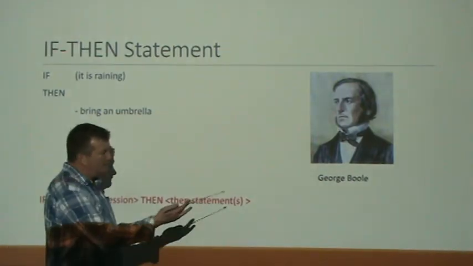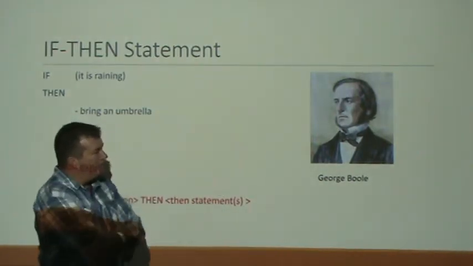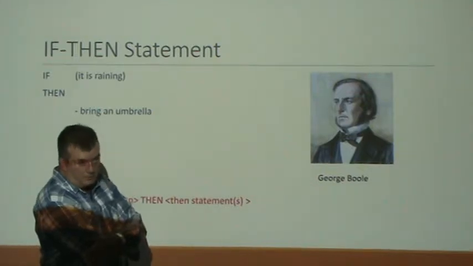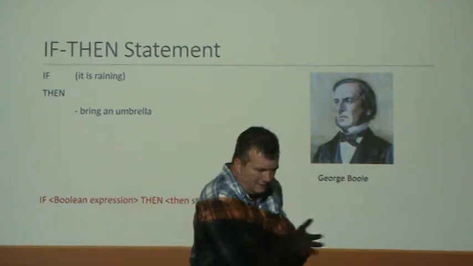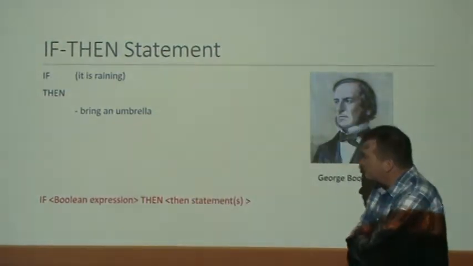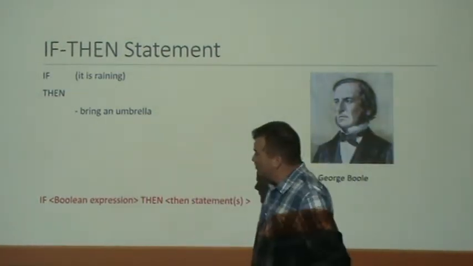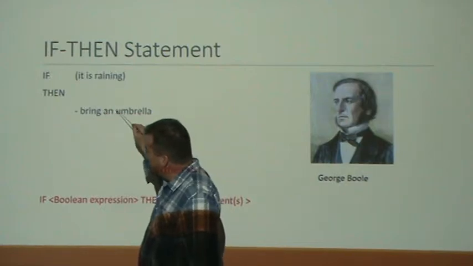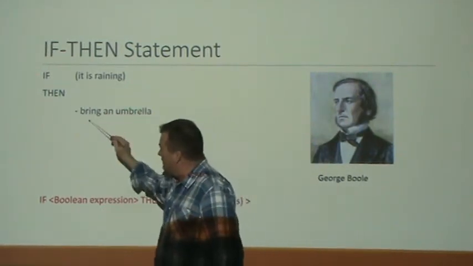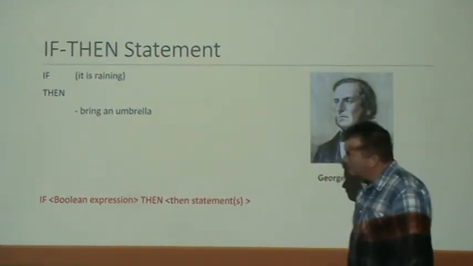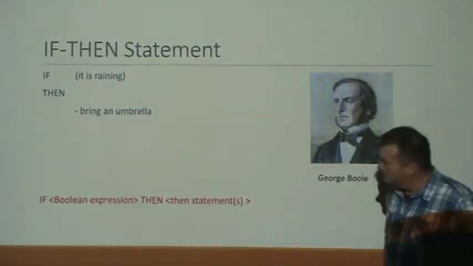And then one day he was out walking in the rain and got pneumonia. And he passed away 2 days later. So a lot of times you'll see this Boolean statement, if it is raining, then bring an umbrella. Maybe that's in honor of George Boole.